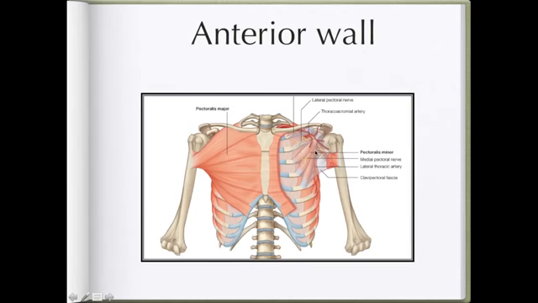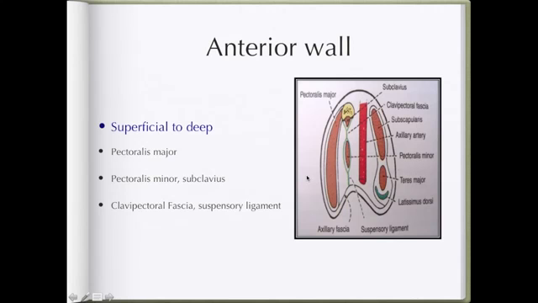Between the subclavius and pectoralis minor is the clavipectoral fascia. We know that the clavipectoral fascia is pierced by certain structures that we can see here. After that, the clavipectoral fascia splits and encloses the pectoralis minor muscle. At the lower border of pectoralis minor, it reunites and then continues down as a double layer structure, the suspensory ligament of axilla, and here it fuses with the axillary fascia.